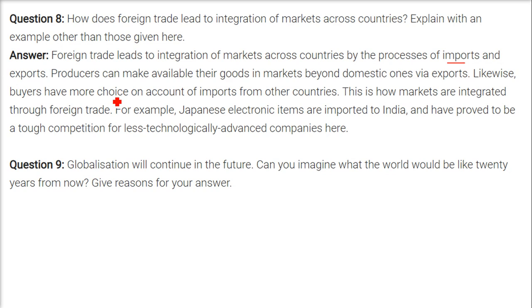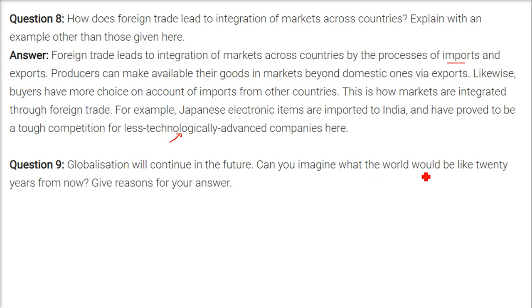Likewise, buyers have more choices and options on account of imports from other countries. So this is how the markets of different countries are integrated through foreign trade. India is now integrated with the whole world. For instance, Japanese electronic items are imported to India, and they have proved to be tough competition for less technologically advanced companies here. So they have to improve in order to compete with these Japanese technologies.